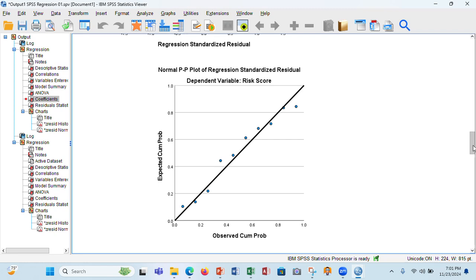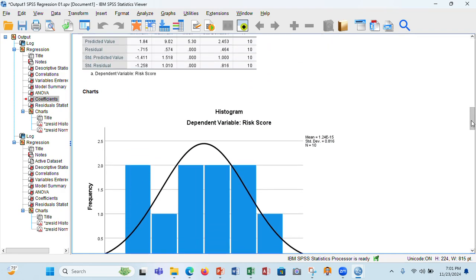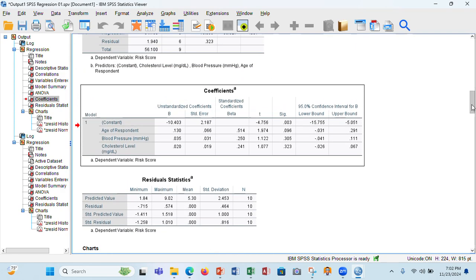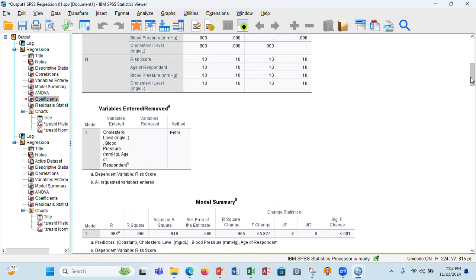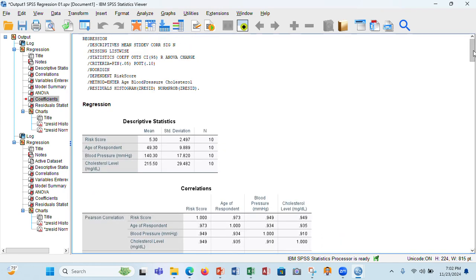Then this is our scatter graph, giving us a representation of how the risk scores are faring, basing on the expected cumulative probability and the observed cumulative probabilities. So this data gives us a real summary of what we have run in our SPSS.